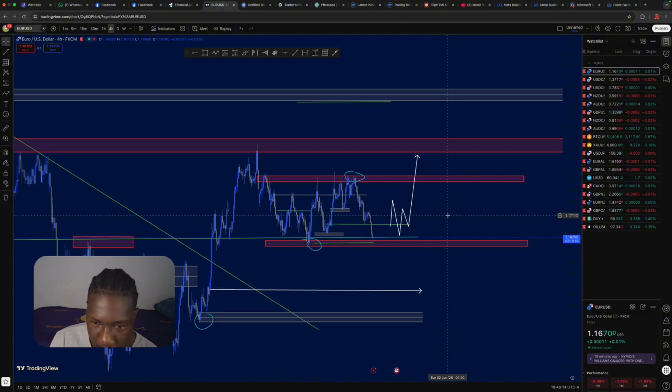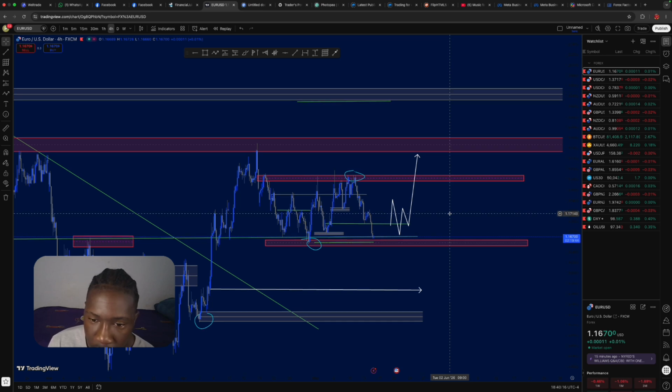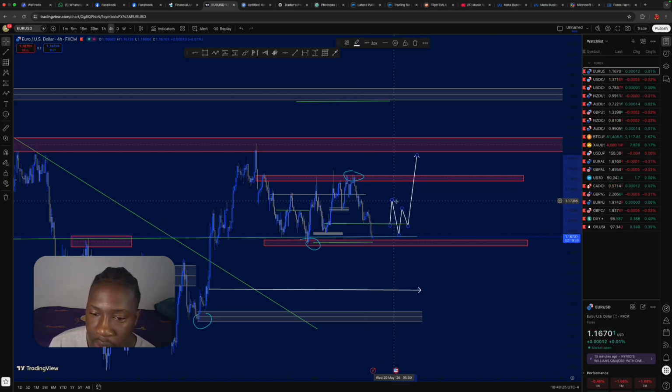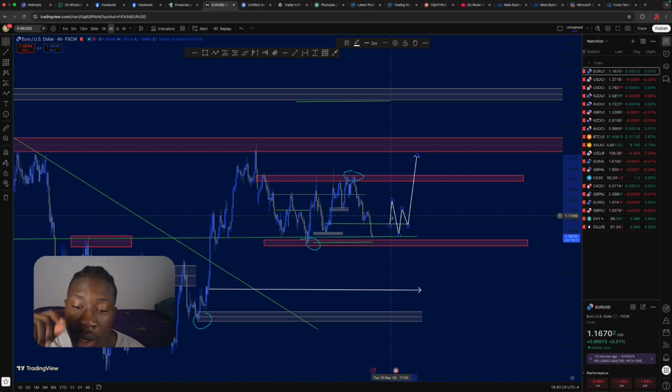So right now we said we need a move to the upside like this, and this was my analysis for yesterday. I said we don't enter the market unless it tells us to open a trade, or unless it fully gives us a sign that it is now moving in that direction.